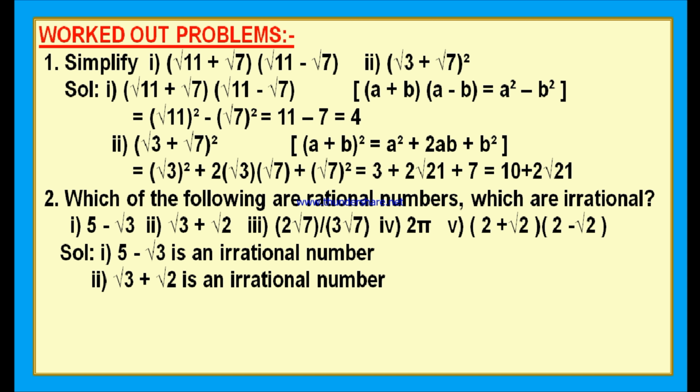And root 2 is also non-terminating, non-recurring. If we add them, again you will get a non-terminating and non-recurring decimal only, so that it is an irrational number, you can say. Similarly, you can apply the same method to prove that 5 minus root 3 is also an irrational number orally.